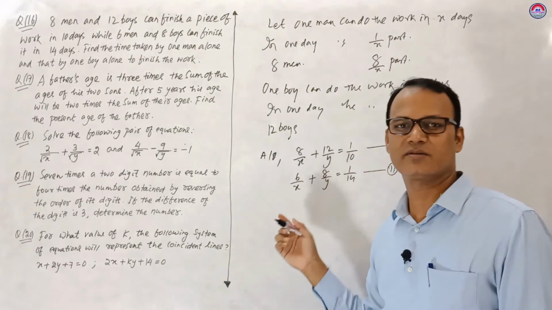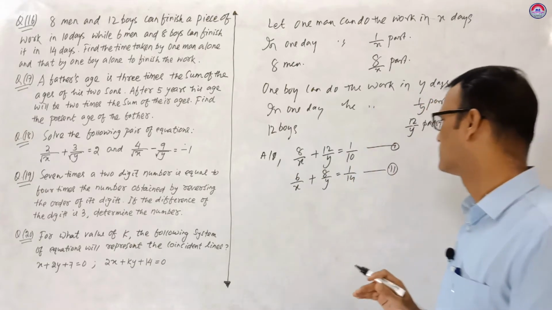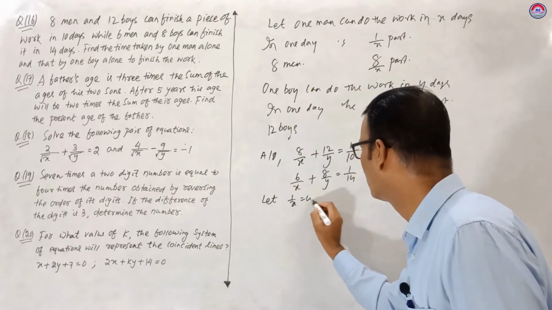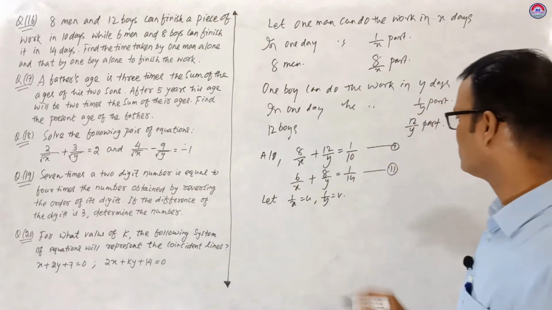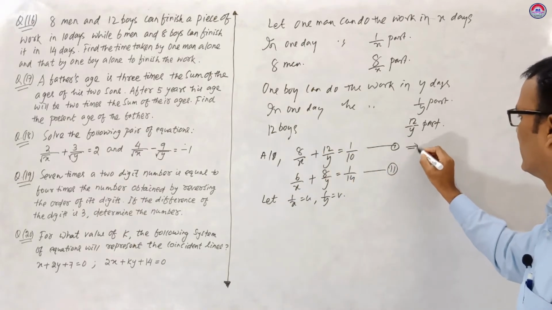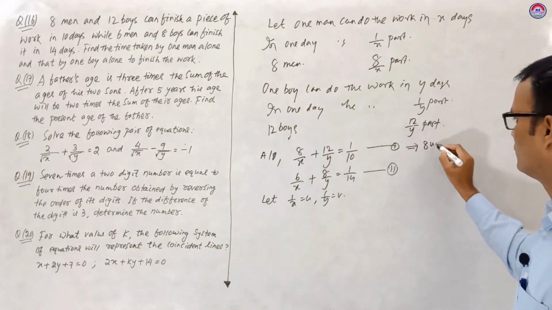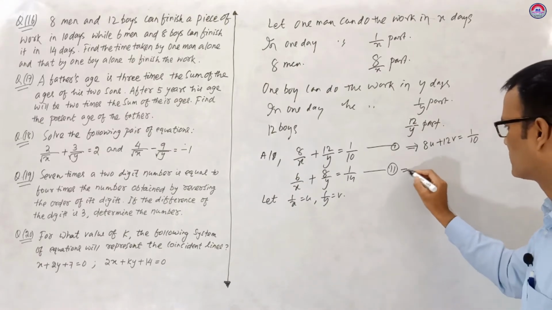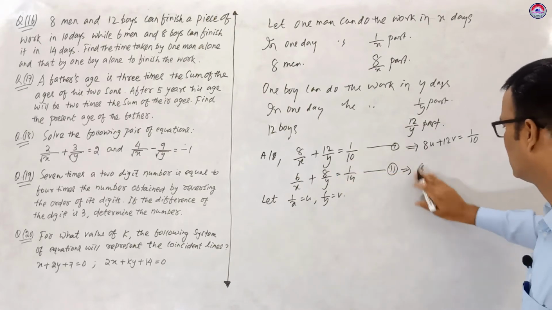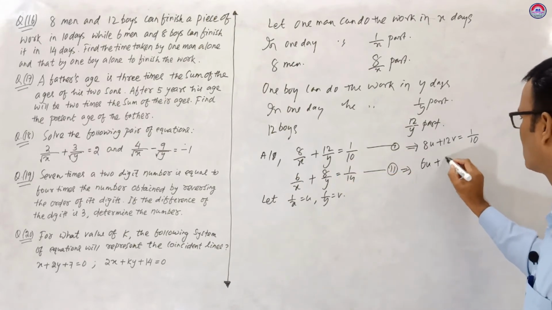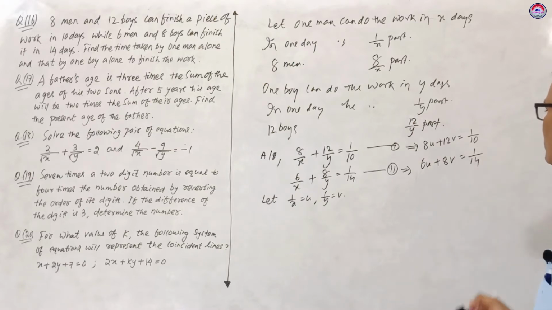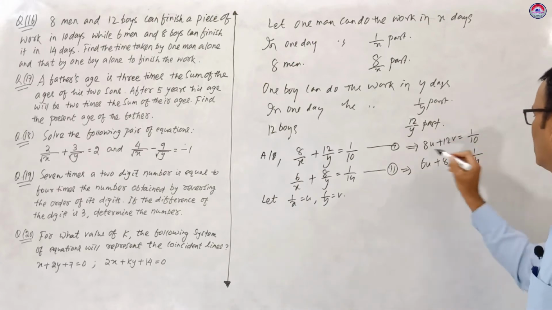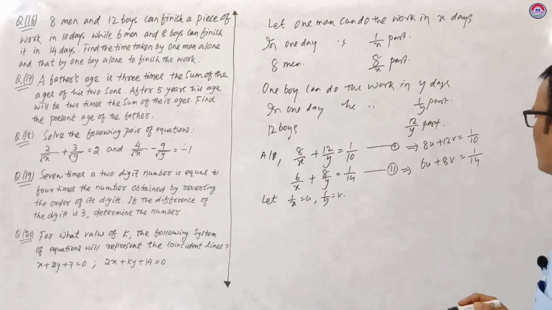Now you solve it. Make these equations linear equations in two variables. Let 1 by X equal U and 1 by Y equal V. So the equations become 8U plus 12V equal to 1 by 10, and 6U plus 8V equal to 1 by 14. Now, if we use the elimination method, we can multiply.